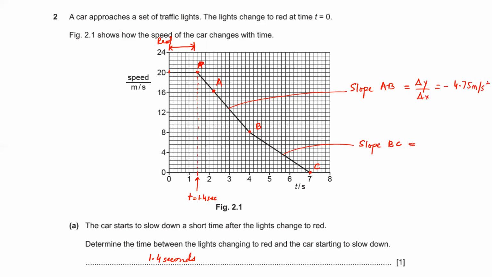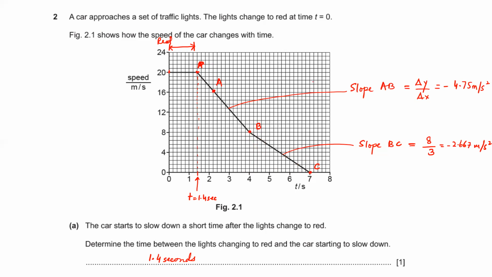And similarly, if I find the slope for BC, the change in y is 8 over 3, which is approximately minus 2.667 meters per second square. Okay, so these are the two slopes.